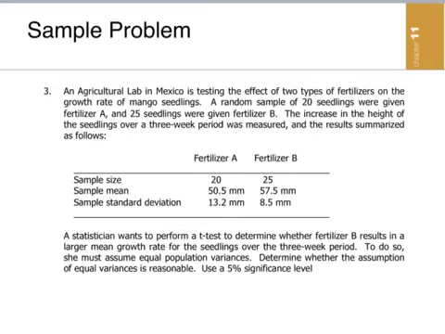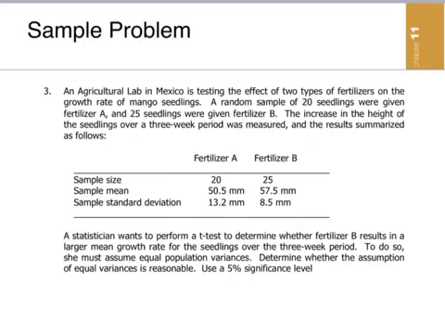Sample size 20 for fertilizer A with a mean growth of 50.5 millimeters, standard deviation of 13.2 millimeters. Then we have 25 for fertilizer B with a mean growth of 57.5 millimeters and a standard deviation of 8.5 millimeters.